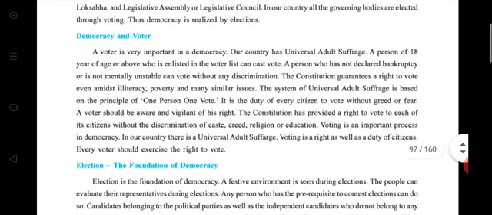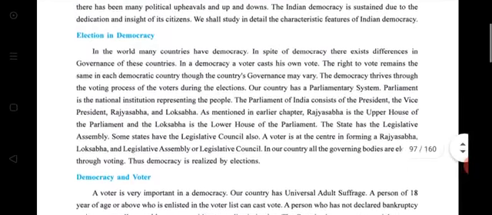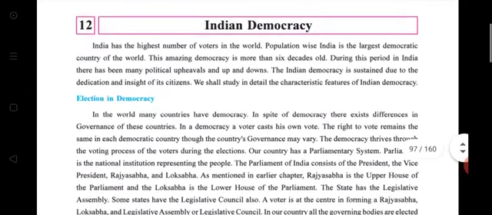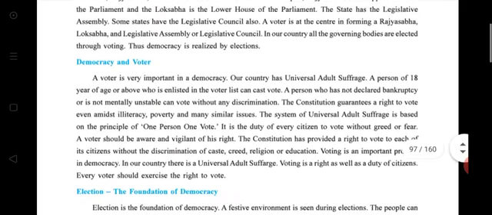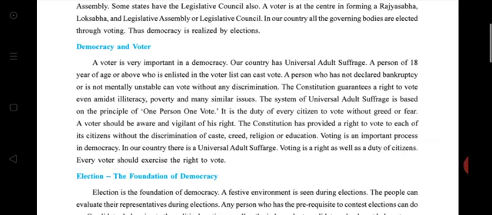Here we complete the two topics. First is election in democracy, and the second is democracy and vote. In the topic of democracy and vote, an important point is 18 years of age. Please underline some points.